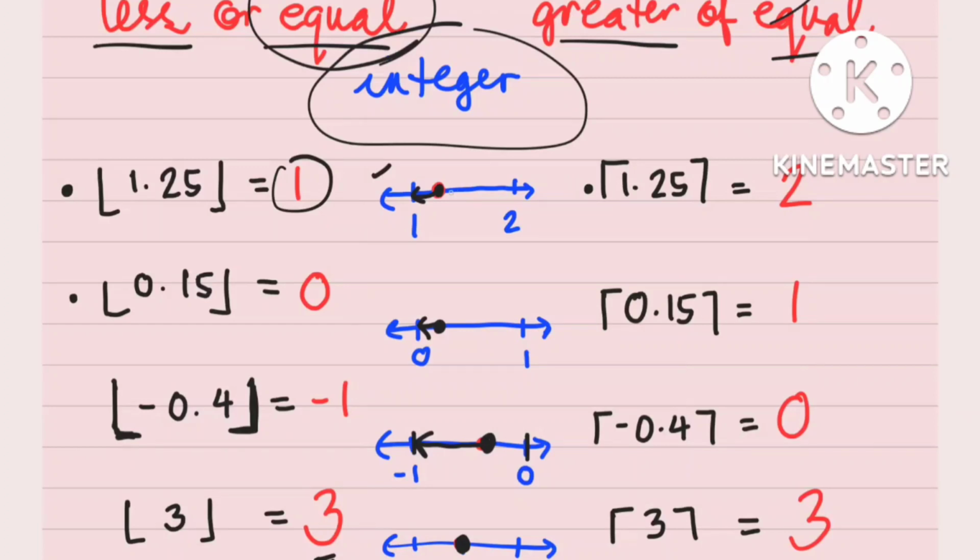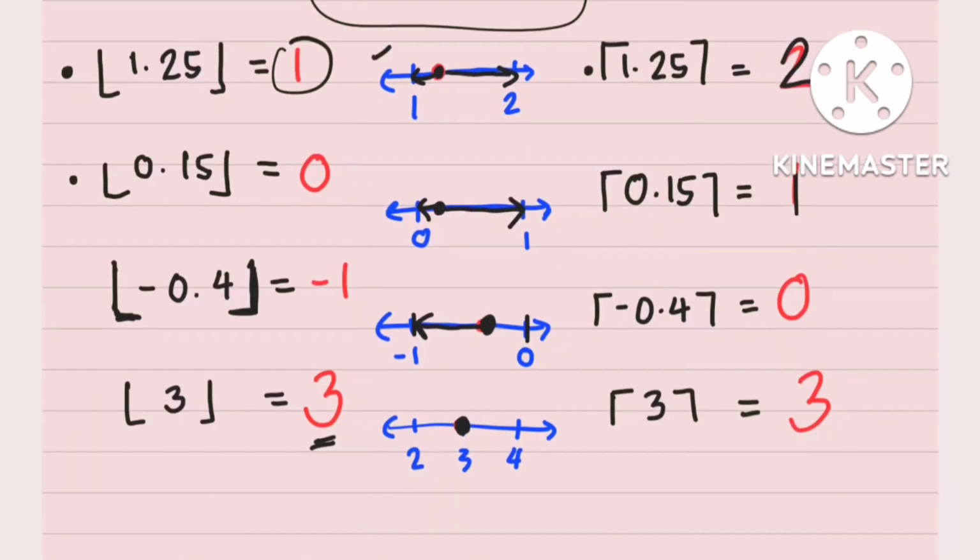So we have to move up to the integer 2. While 0.15 will move up to 1. And then negative 0.4 will move up to 0. And lastly, the ceiling value of the integer 3 is itself.